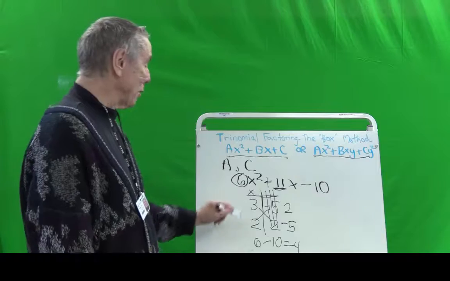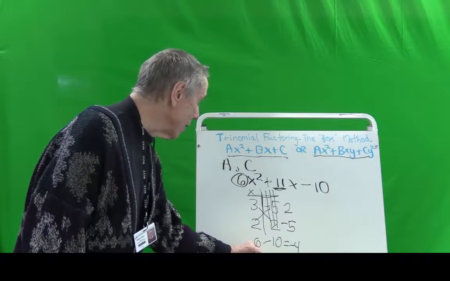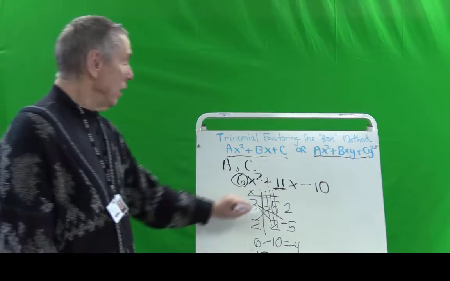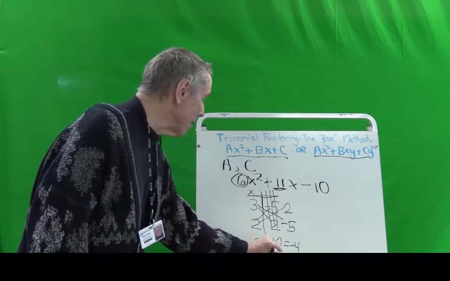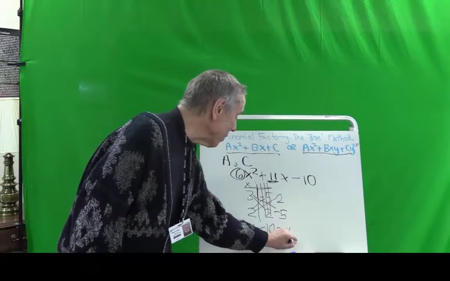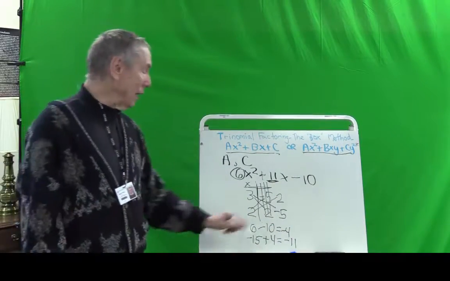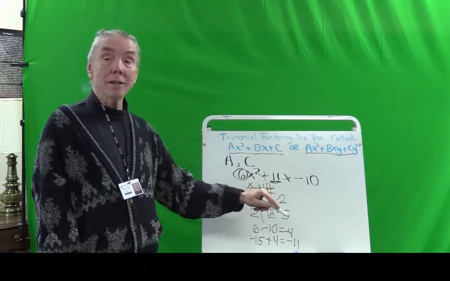Now if I do the X pattern, 3 multiplied by negative 5 is negative 15. That would be that way. 2 multiplied by 2 is plus 4. The total is negative 11. We are very close at that point. Negative 11 is the right value, but the wrong sign.